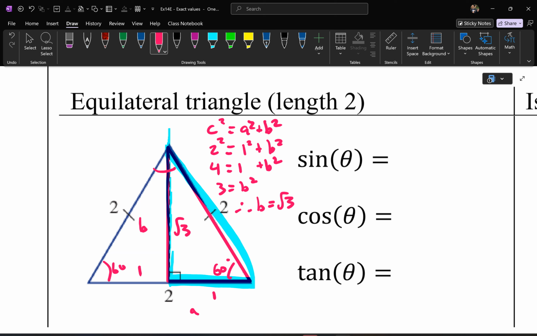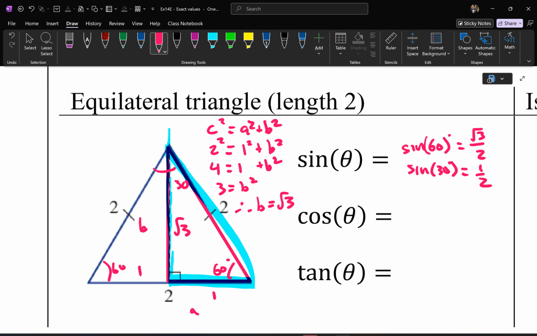If you halve the 60, that's 30 there. That's why sine of 60 degrees, opposite over hypotenuse, is root 3 on 2. But if you did sine of 30 degrees, the opposite is over here, so it's 1 over hypotenuse. That's why it's half.